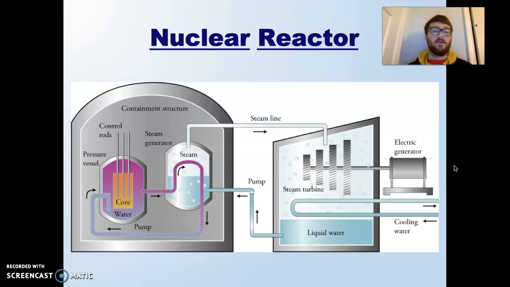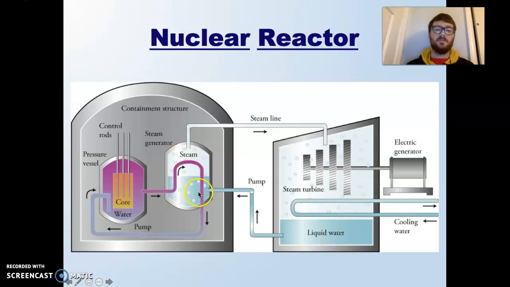You can see this diagram here. Here's the containment structure. The containment structure holds the reaction. This reaction is happening in the core, and the control rods make sure they can control what's going on.